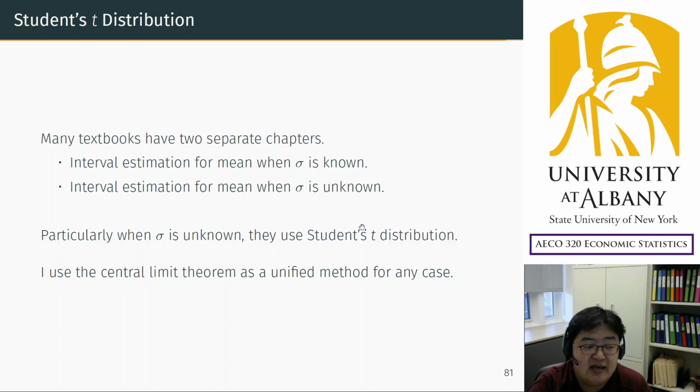But I think these days, the central limit theorem can unify all the frameworks. The central limit theorem can be used in any case. So we don't need to distinguish these two chapters, and we don't need to know the Student t distribution. In other words, the Student t distribution can be approximated by the normal distribution using the central limit theorem.